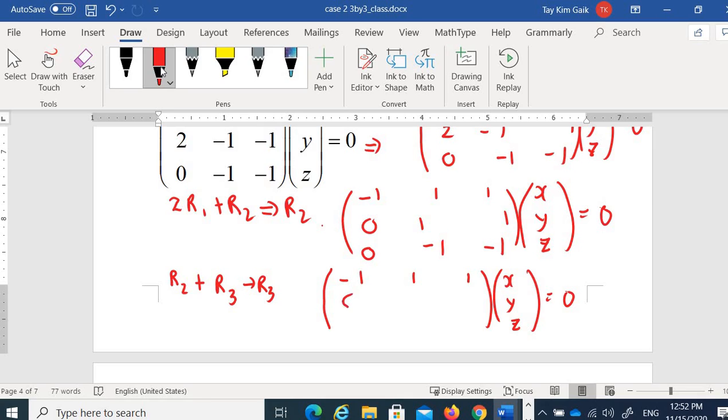There's no changes on row 2. Row 2 add up with row 3. So 1 minus 1, 0, okay, add up these two, 0. That's what I said, if row 3 you multiply by negative 1, you can see row 2 is equivalent to row 3. Means 3 unknowns with 3 equations, we actually reduce to only 2 equations.